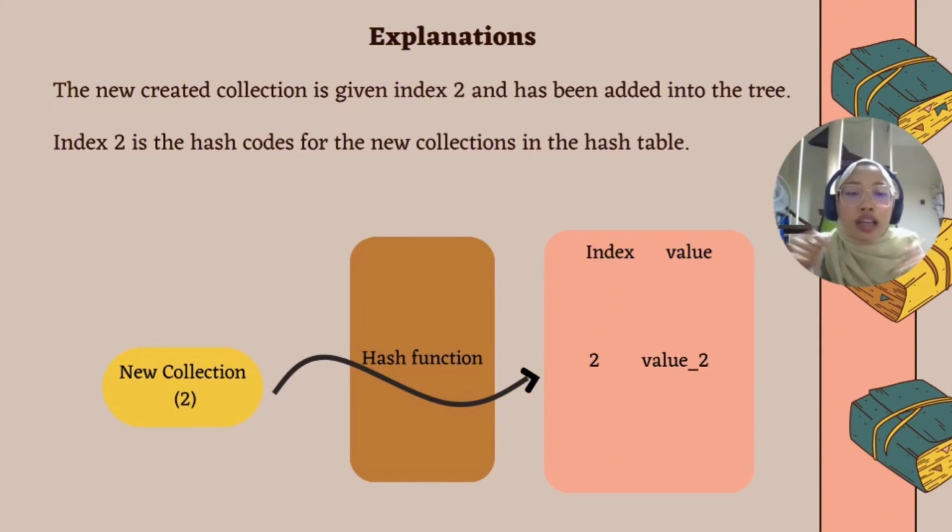So you could see here in the hash table, the new collection, which is 2, goes to the hash function, and the index will be 2, and the value will be 2. In this case, you could name it the PDF book. It's a new collection for you, and it will go like this, and the index will be 2. And that's all for this tree and hash table for create new collection.